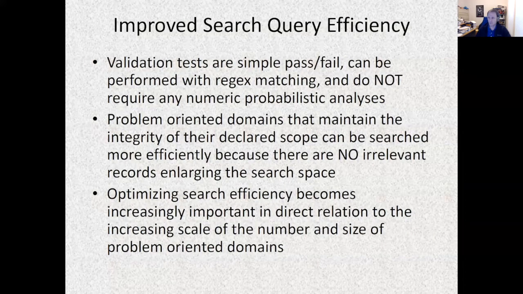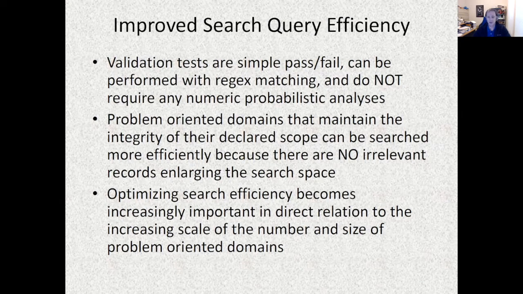So what is the main advantage of this approach? Hopefully, when we do search within a problem-oriented domain, we can be more efficient because there are no irrelevant records for that problem domain that would otherwise enlarge the search space.